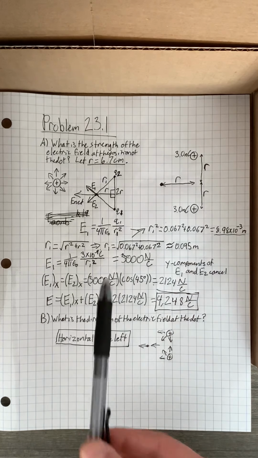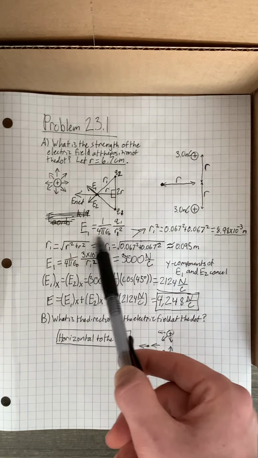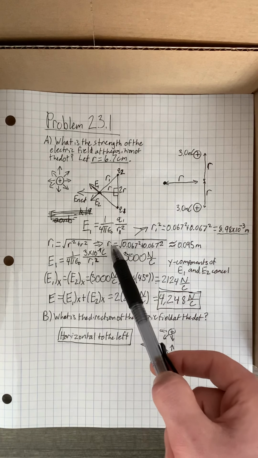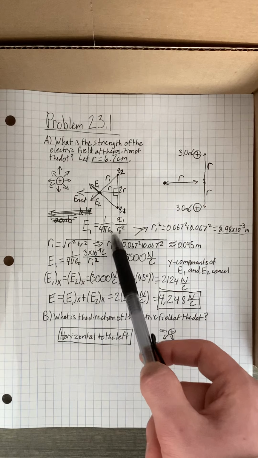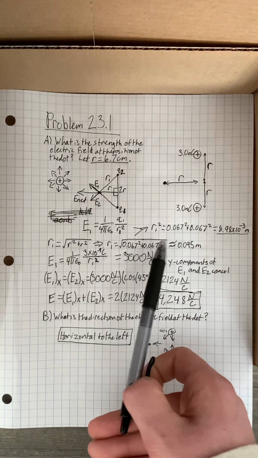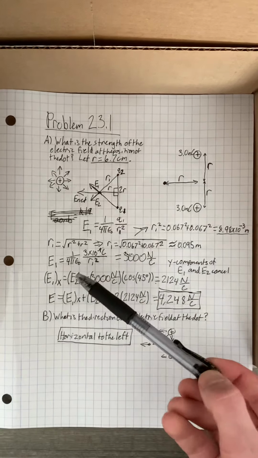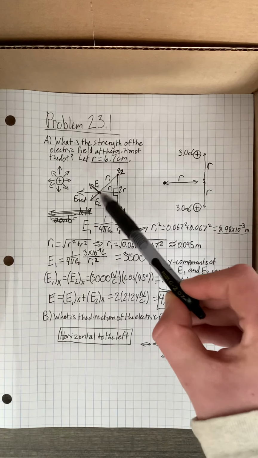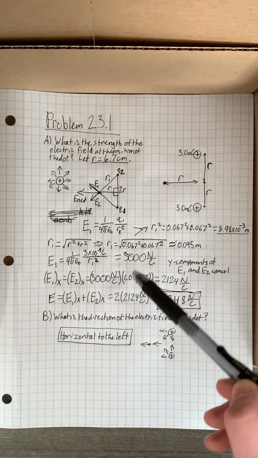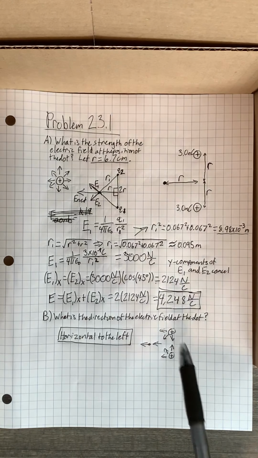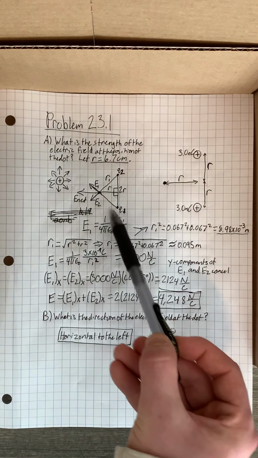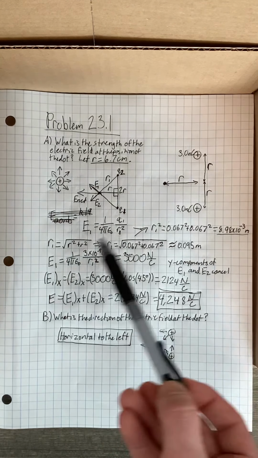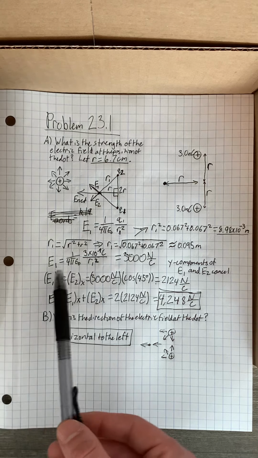To do that, we have our K constant, which we'll write out in full as 1 over 4 pi epsilon naught, times the charge of our particle divided by the distance between the point and the charged particle squared. Because we don't know this diagonal distance, we only know the horizontal and vertical, we'll find that really quick with the Pythagorean theorem.